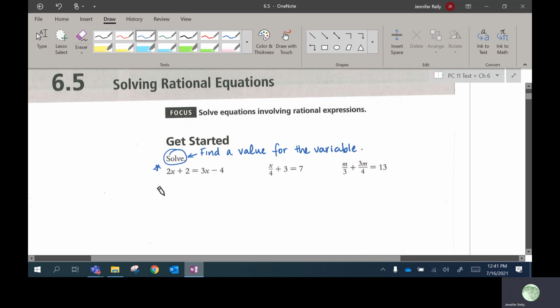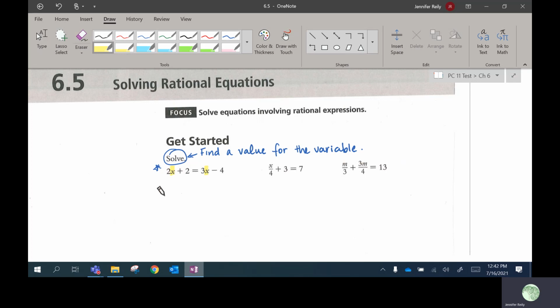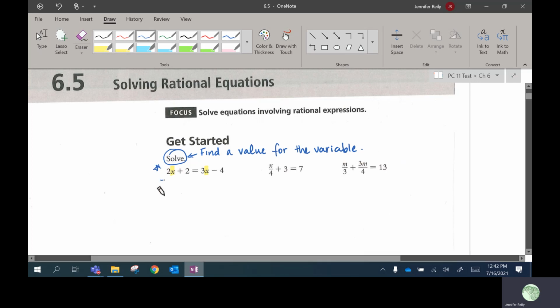Okay, so let's look at this first one here. We have 2x plus 2 equals 3x minus 4. We're trying to find what x is. Now, when you have an x on either side of the equation, what you want to do is move the x terms to one side of the equation, typically. So in this case, I'm going to subtract 2x from this side.